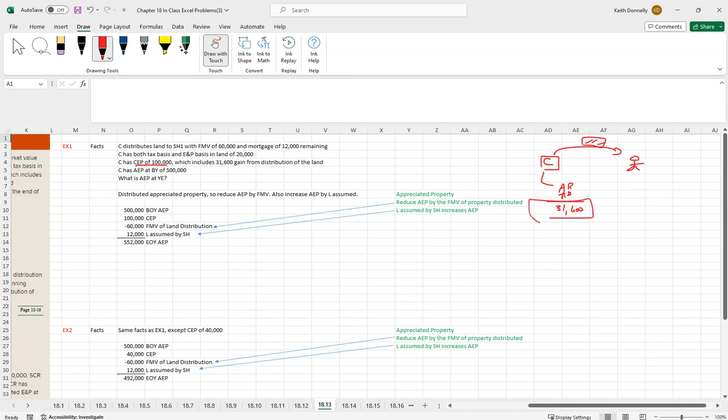That 31.6, once we get that, we're going to add that to our CEP, because that's an income item from a gain. After we add that to our CEP, we're looking at 100,000. That's what this is saying right here. Our CEP is 100,000, which includes the gain from that sale.